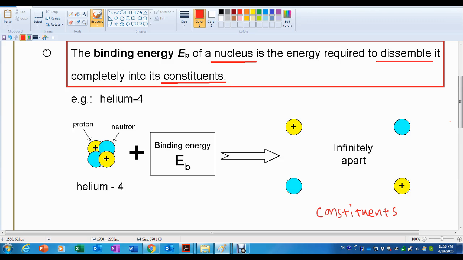So can helium-4 just split up like this? Of course, it can't. You need to add some energy, and that energy you give to helium is called the binding energy, so that it enables helium to be disassembled. Otherwise, helium-4 won't be disassembled.